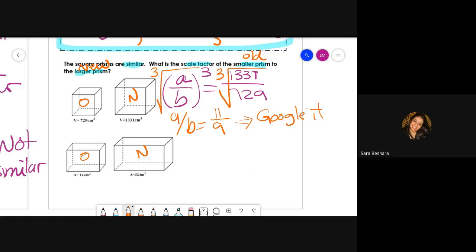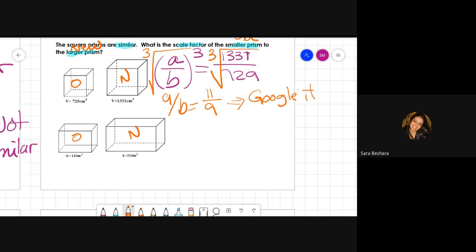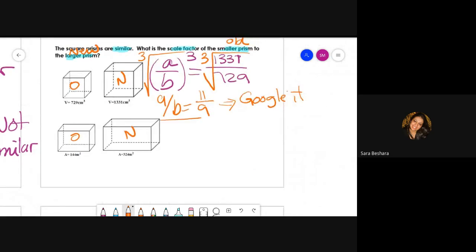The one I'm using at home is a Casio. So whatever you're using, say, how do I find the cube root of a number using Casio, using TI, and make sure you filter to videos because it's easier to see on a video than to read the instructions.